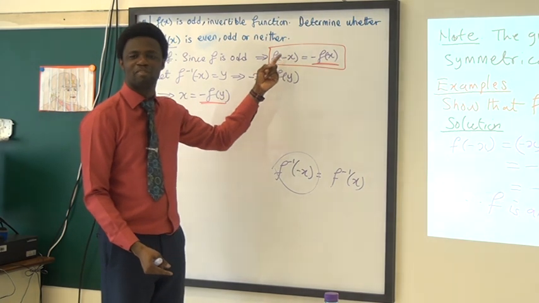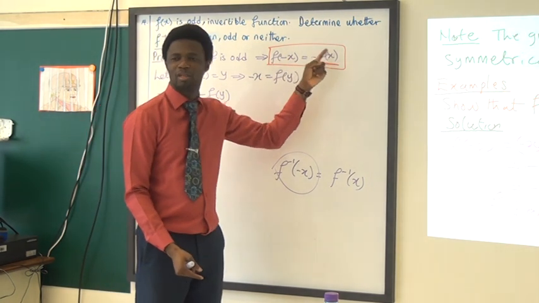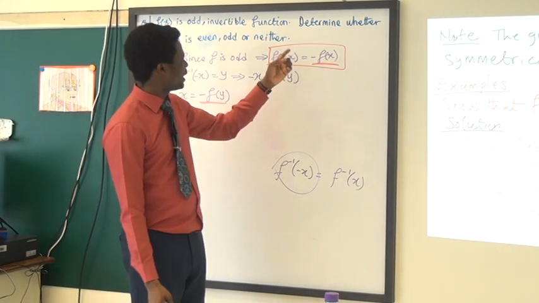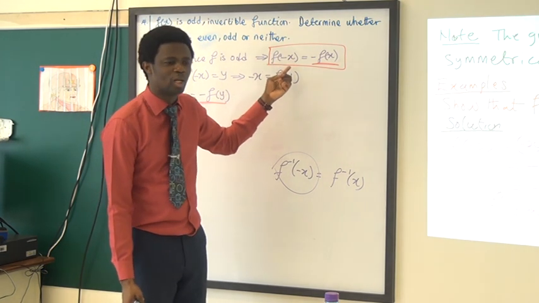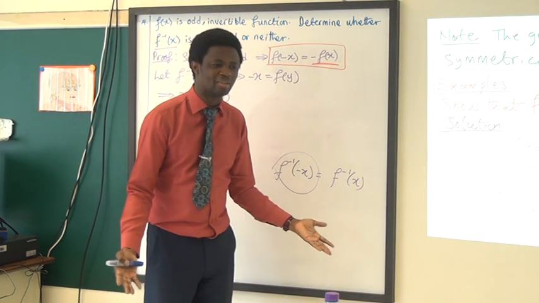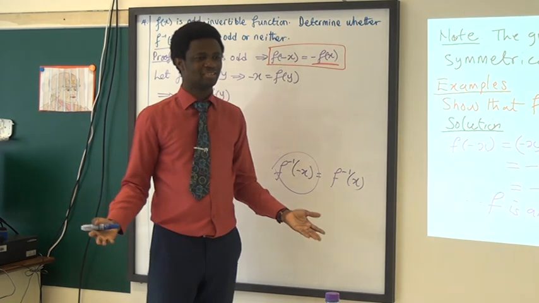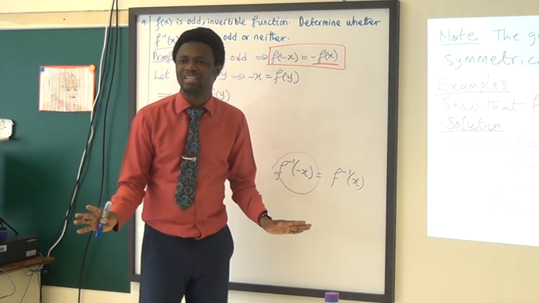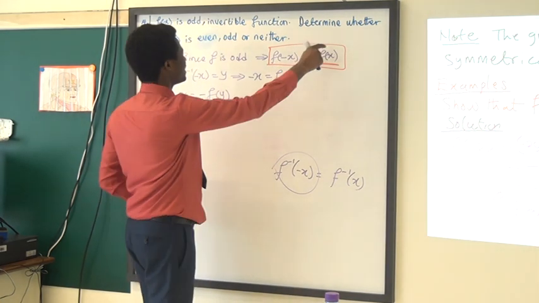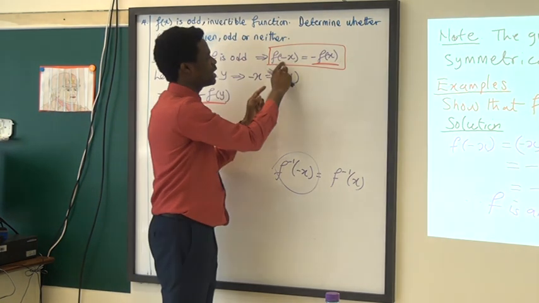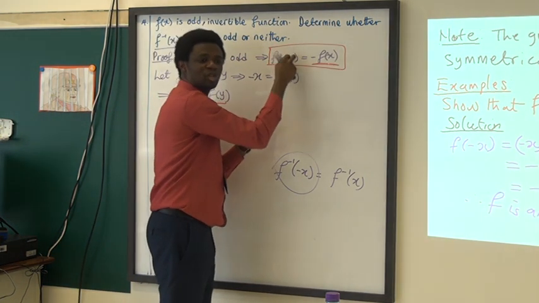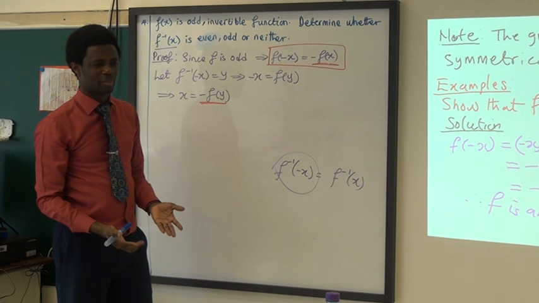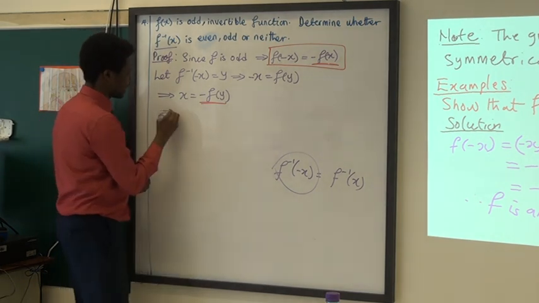This means f of negative p will be negative f of p. This means f of negative 1 million is negative f of 1 million. It's anything, so stop looking for x only. And this is from the question, which means anytime you see this, you could write it as this. So what does that imply now?